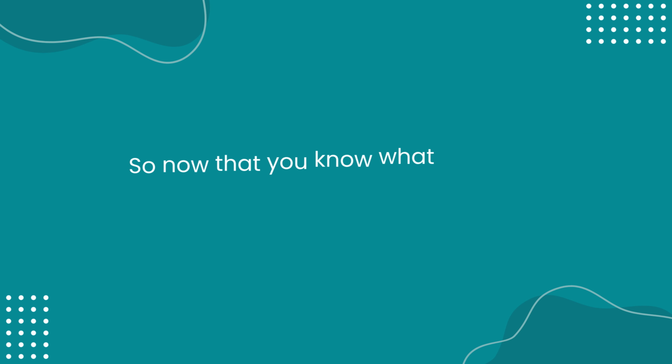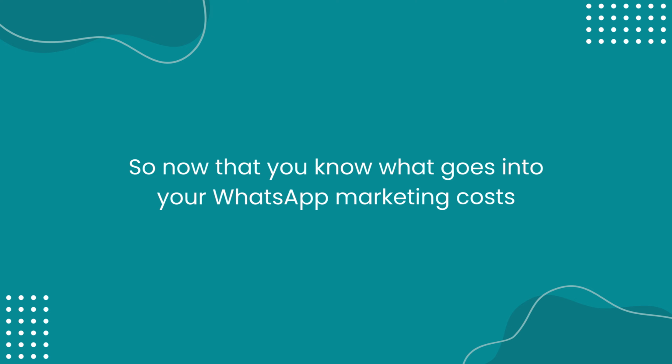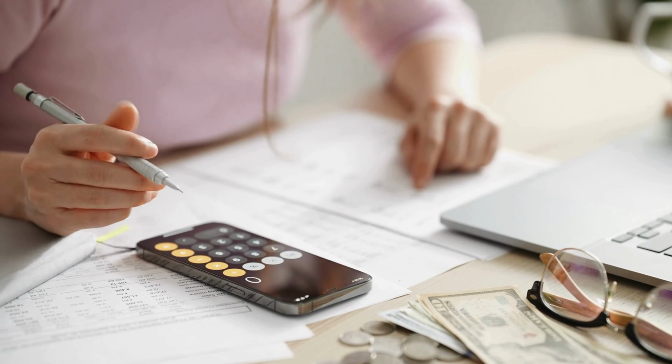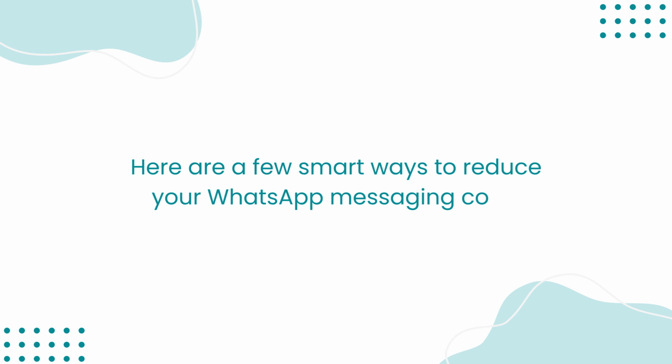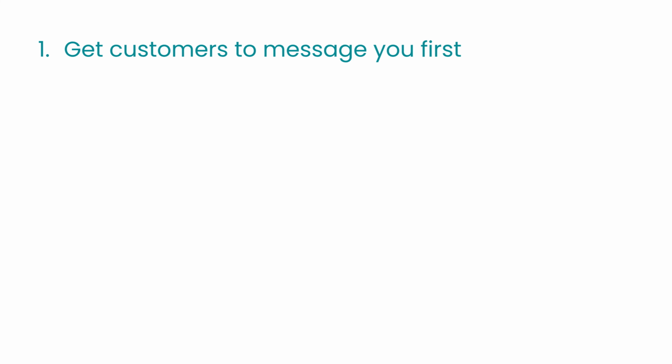So now that you know what goes into your WhatsApp marketing costs, let's look at how you can keep those costs in check without cutting back on your campaigns. Here are a few smart ways to reduce your WhatsApp messaging costs without compromising on reach or results. First, get customers to message you first.